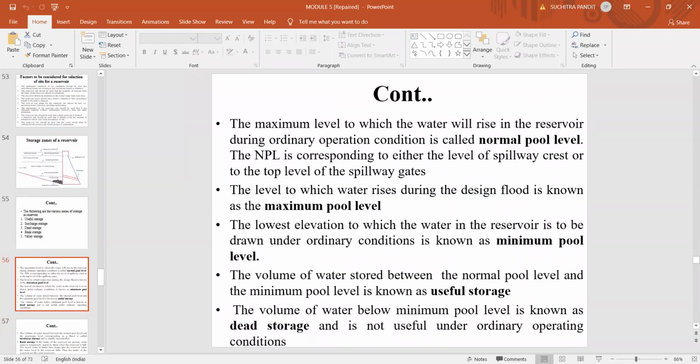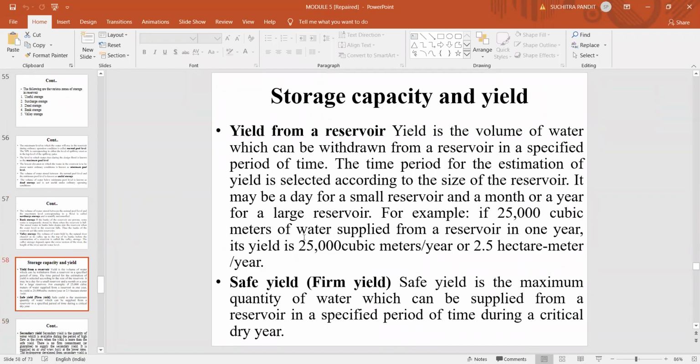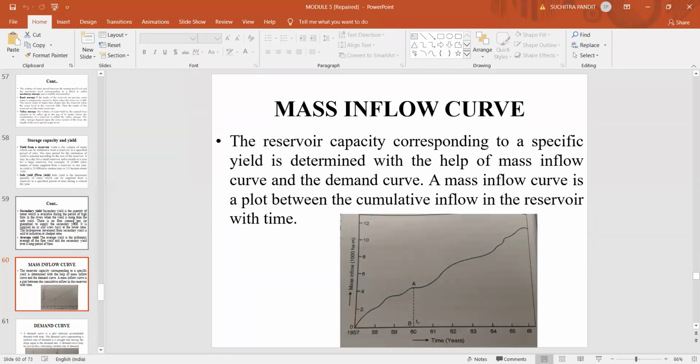You can calculate the storage capacity of the reservoir by three methods: the graphical method, the analytical method, and the flow duration curve method. In your syllabus, you have only the analytical method and the graphical method. By the graphical method, using the mass inflow curve and the demand curve, you can estimate the storage capacity of a reservoir.